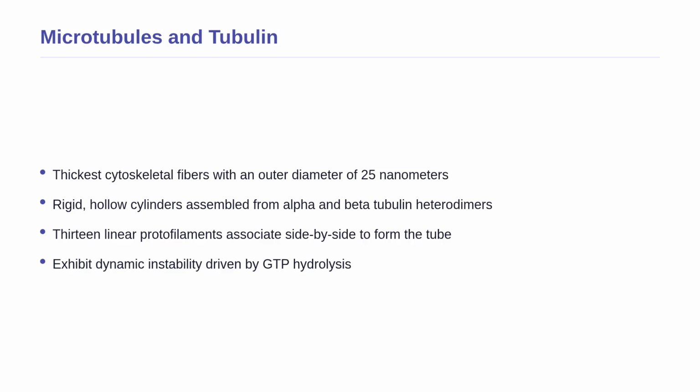Measuring 25 nanometers in diameter, they are rigid, hollow cylinders built from alternating alpha and beta tubulin proteins. 13 linear chains of these proteins wrap around to form the hollow tube. Just like actin, microtubules are highly dynamic. They rapidly alternate between steady growth and catastrophic shrinkage, a behavior called dynamic instability, which is powered by the energy molecule GTP.